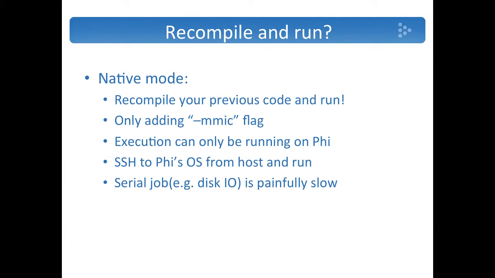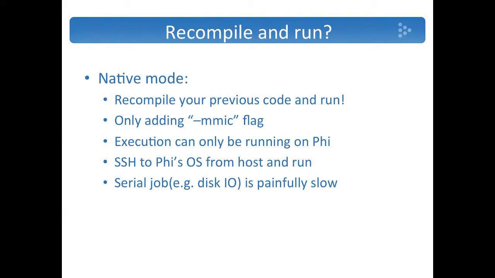Okay, let me give you a very short introduction about the Xeon Phi OS. The Xeon Phi OS we call a sub OS. It's called a sub operating system. That means it can be treated like a host machine which runs a Linux kernel. So you can SSH to any of your Xeon Phi devices, and you can list the files.